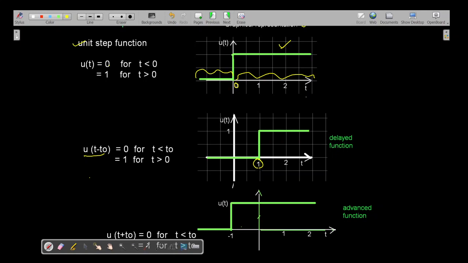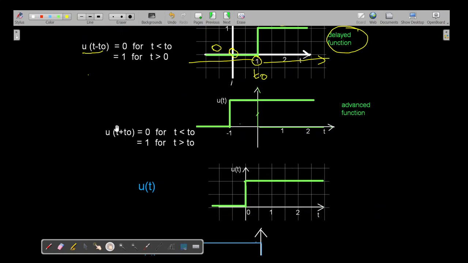Here t naught is 1. So when t is less than this, at that time you have the 0 values. When t is greater than this, then you will have the 1 value. Okay, so this function is also called a delayed function because it occurs after this reference, that is, the 0 reference.